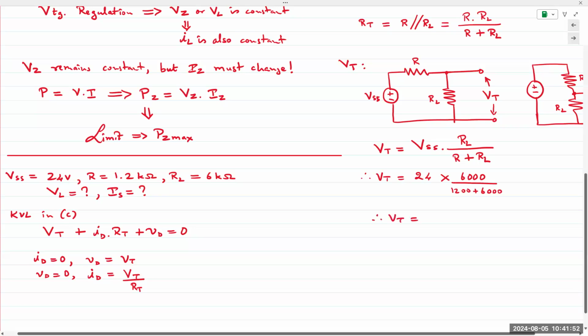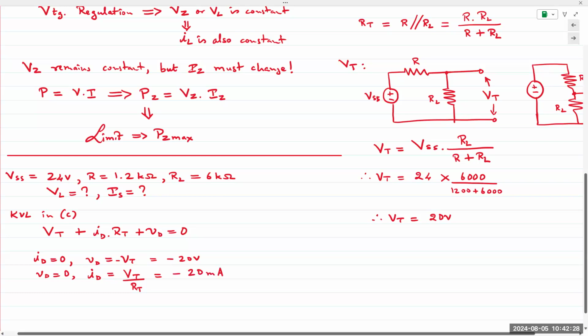So my Thevenin voltage would be 20 volts. And then this would become minus 20. And VT is minus VT, so minus 20. And this would become minus 20 milliamps.